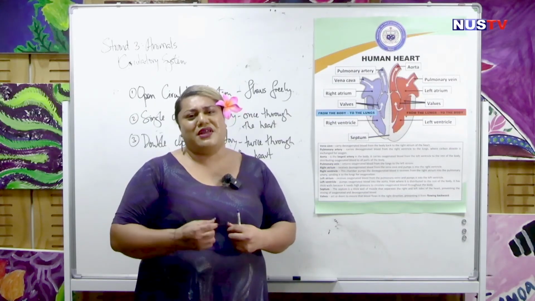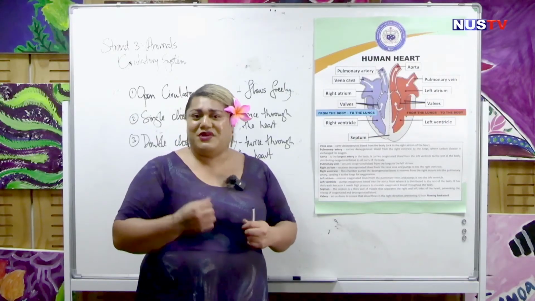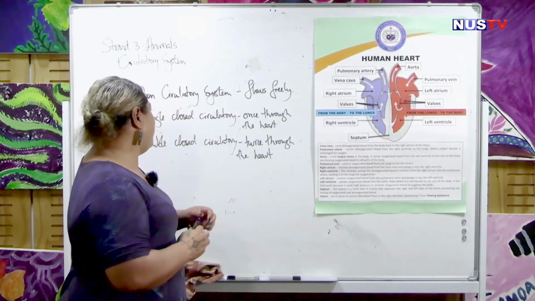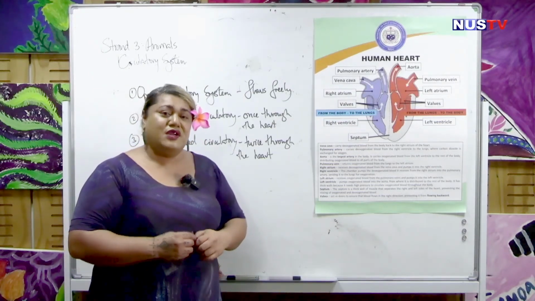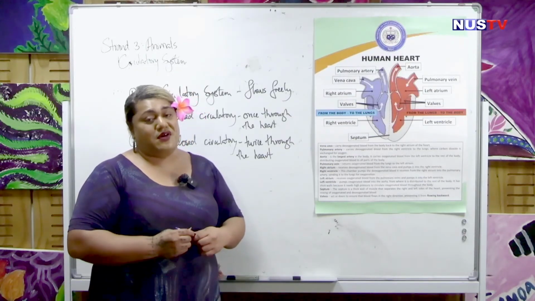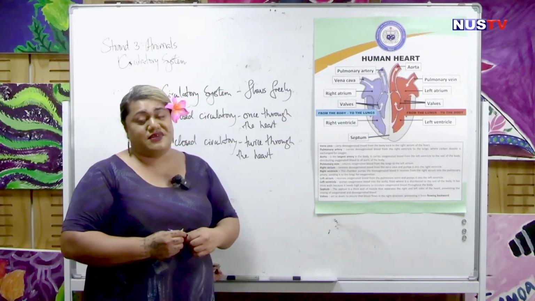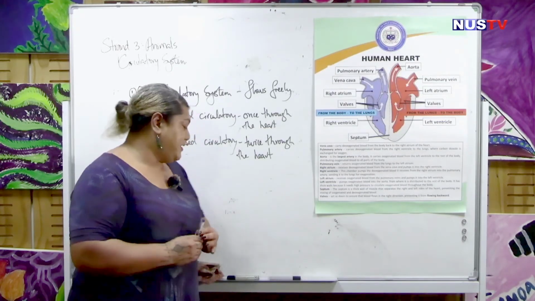But before we go into detail about the human heart, let's do a little recap on the difference between circulatory systems. Remember, we have discussed the three different types of circulatory systems. We have talked about the open circulatory system.